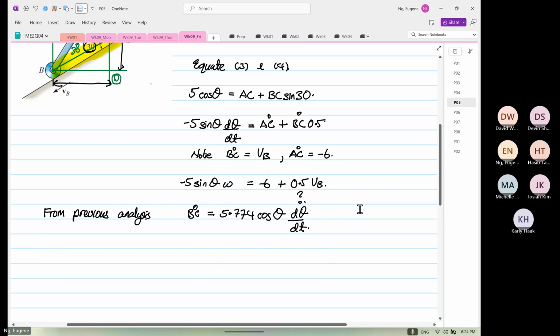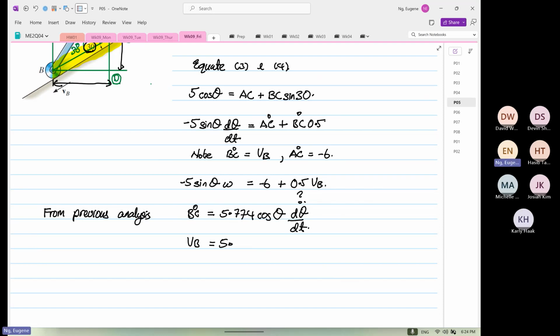So we know that BC dot is equal to VB. So VB is equal to 5.774 cos theta multiplied by omega.